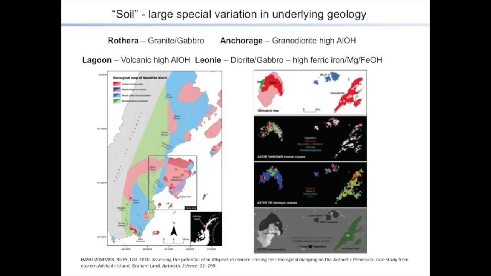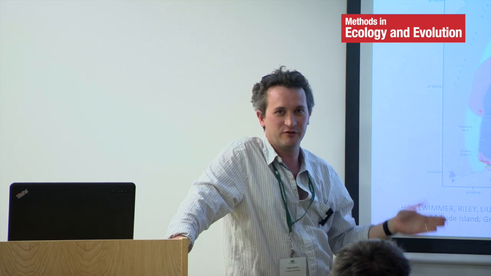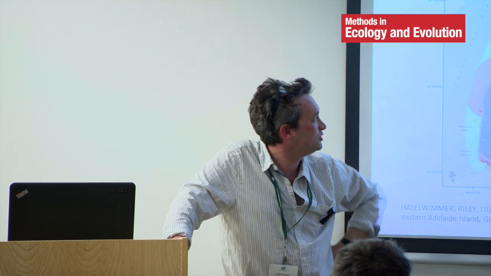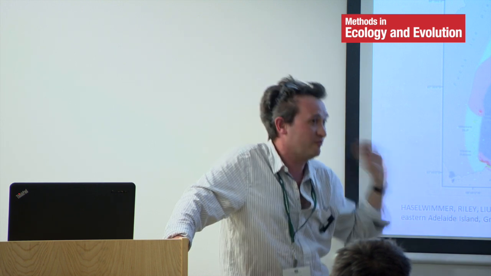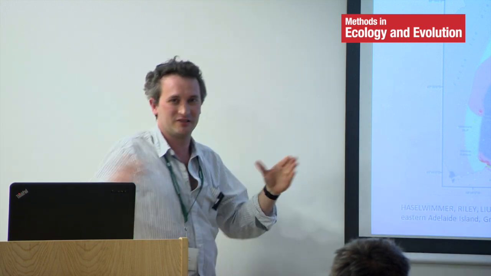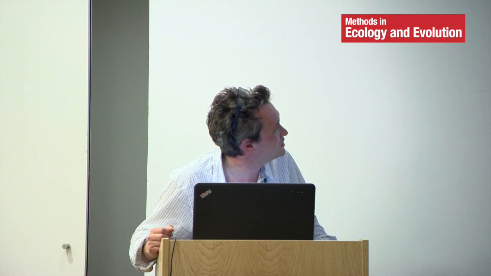So this is some remote sensing data as well. So they can actually do remote sensing of the underlying geology to say that yes, these three islands, very close together, have a very different geology, and you might expect very different plant communities on these different islands. So we might expect there to be some differences in the metabolic composition of these species.